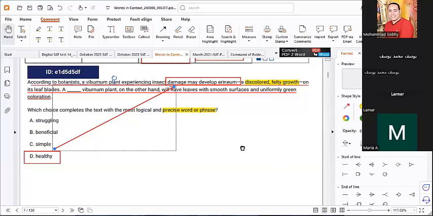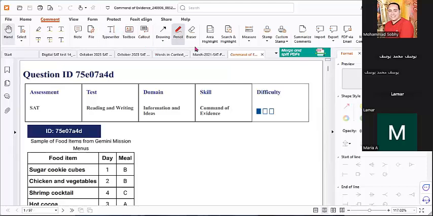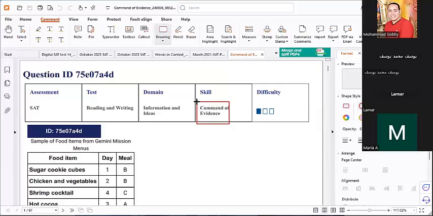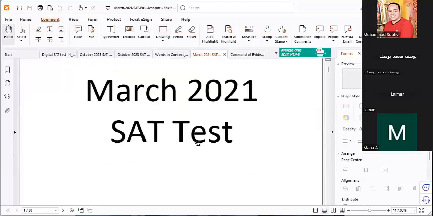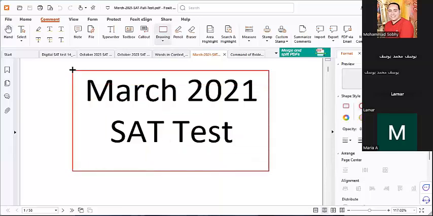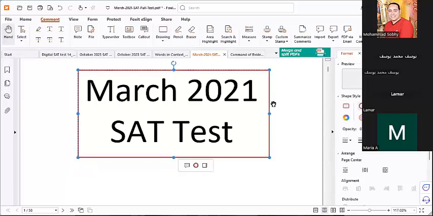Let's move on. I have a suggestion for you, guys and girls. I have here command of evidence. This is another skill. And I have a complete text, the March 21 SAT test. Would you like to go with the March test, which is comprehensive with long passages, or do you go by skills separately?